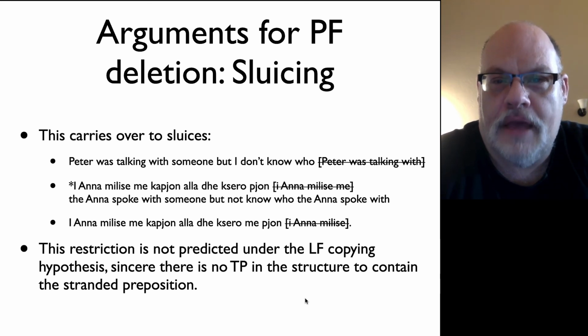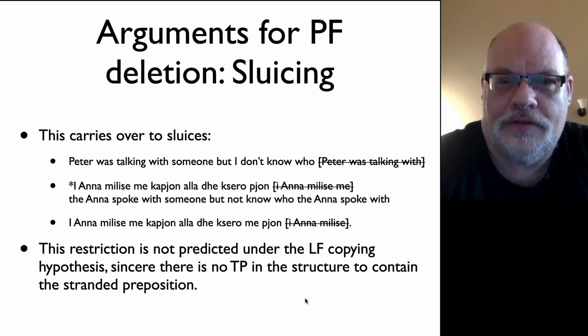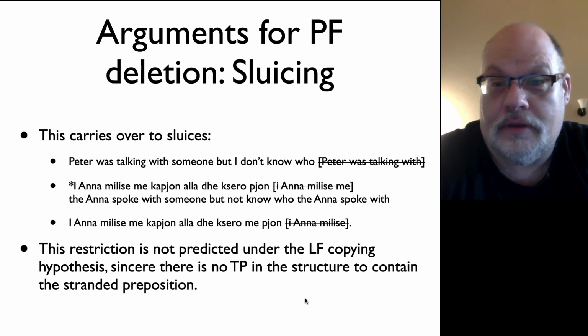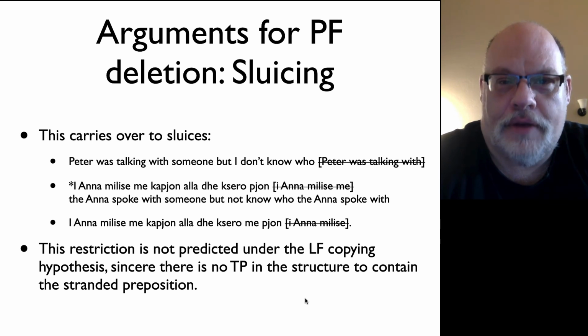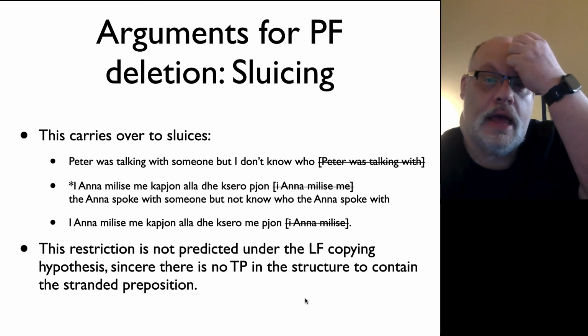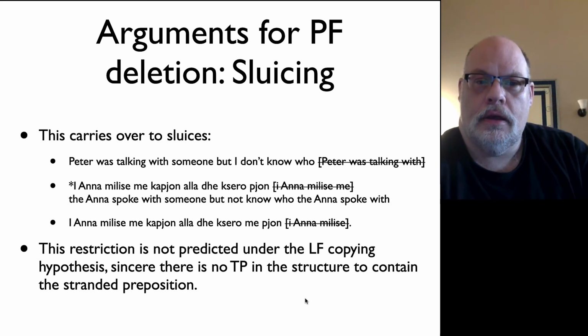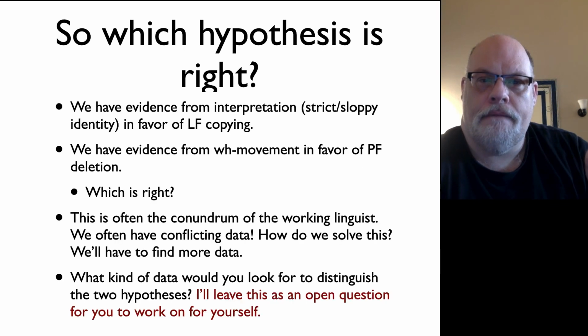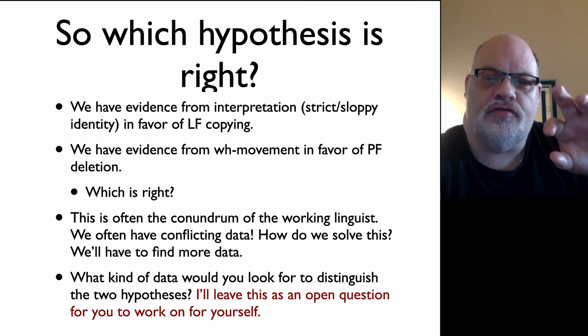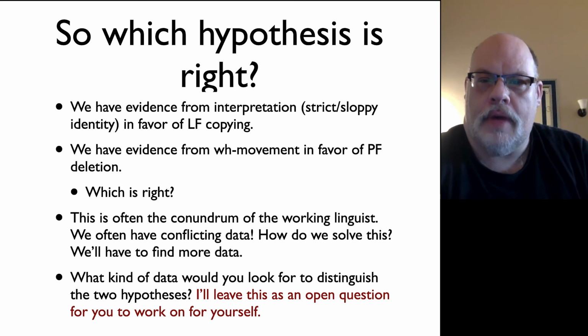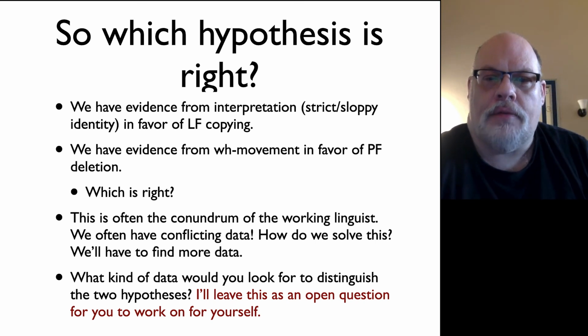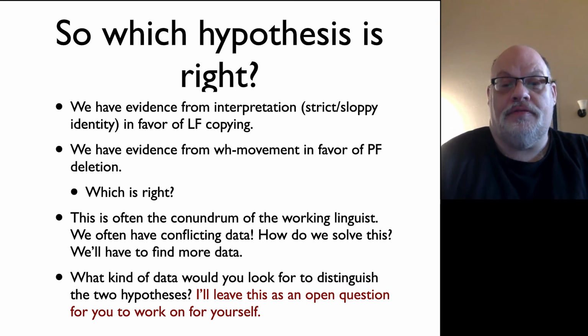So there seems to be evidence for PF deletion in Greek sluicing. So what do we take away from this? We have evidence from LF copying that gives us the strict and sloppy ambiguity. And we have evidence from WH movement and sluicing in favor of PF deletion.